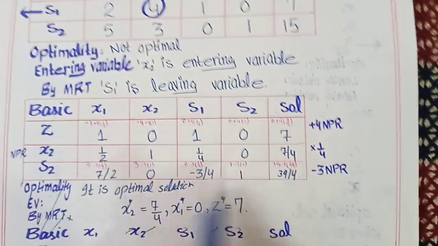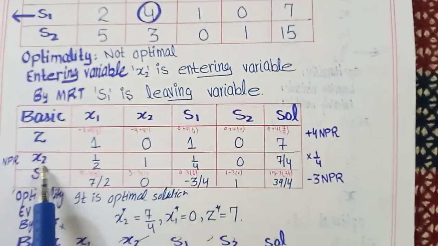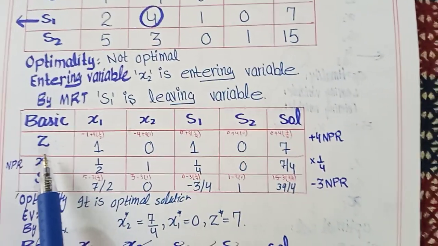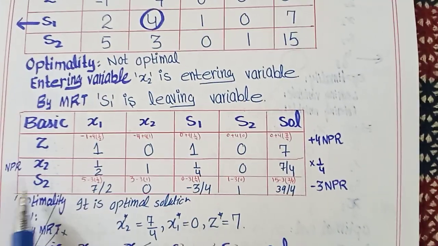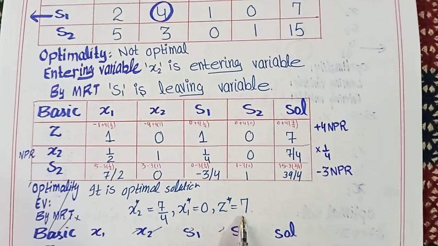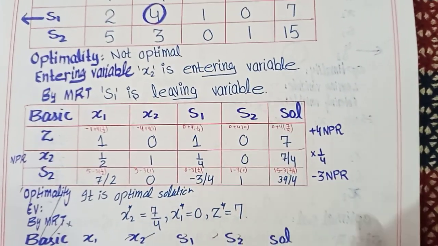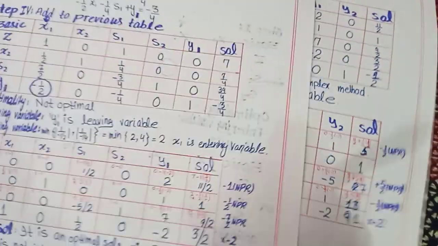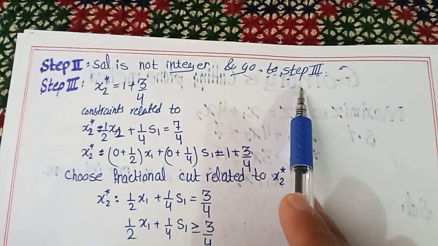The operation is applied to all rows. Check whether this is optimal; it is optimal because the z row has no negatives. x2 is equal to 7 over 4, x1 is 0 and z is equal to 7. But it is not an integer. Step number 2: the solution is not an integer, so go to step number 3.